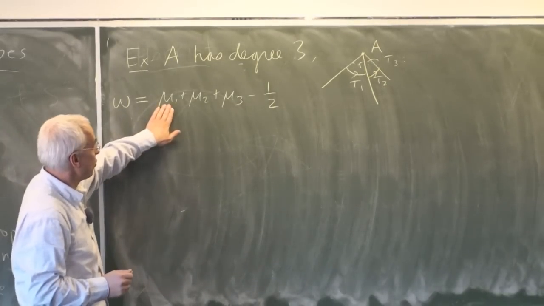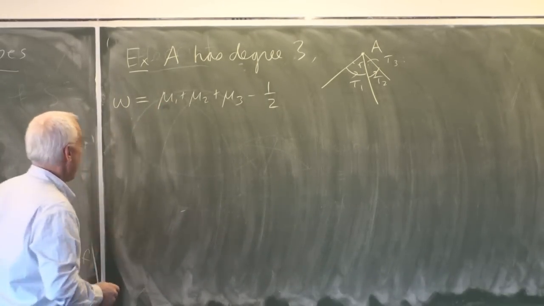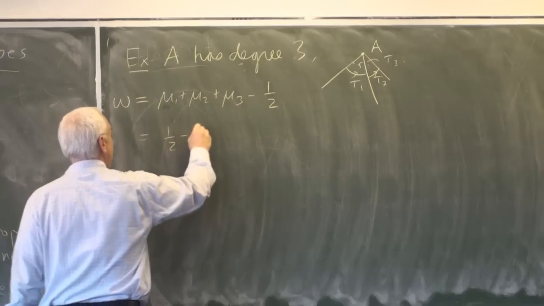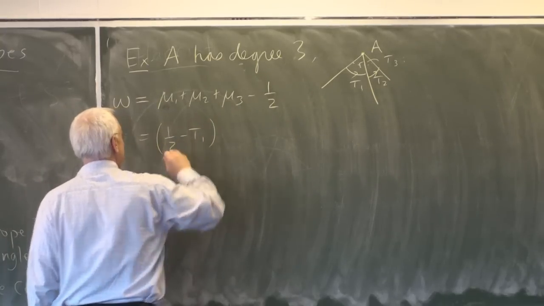Then each mu i was a half minus the corresponding tau i.